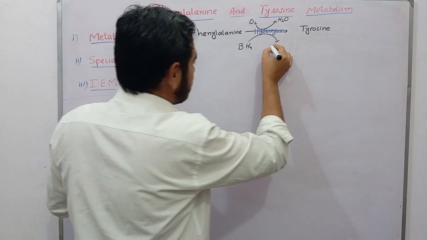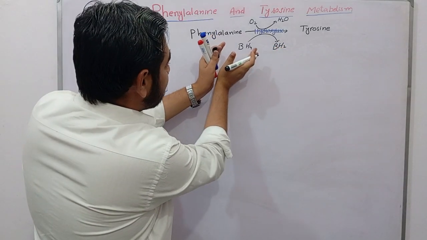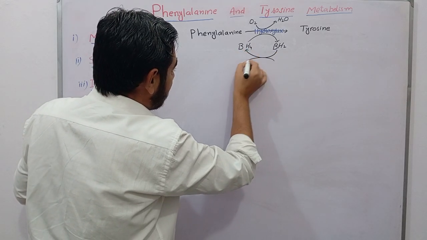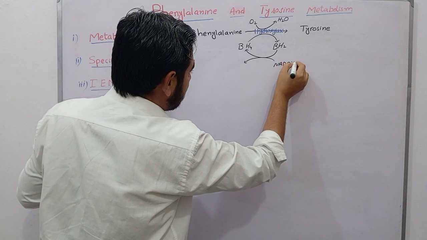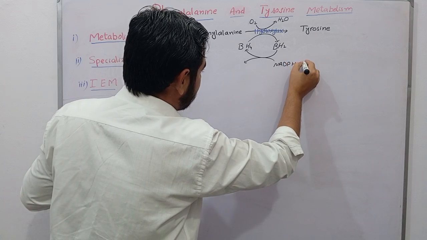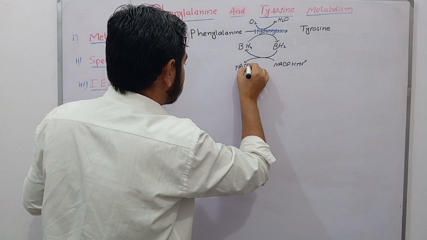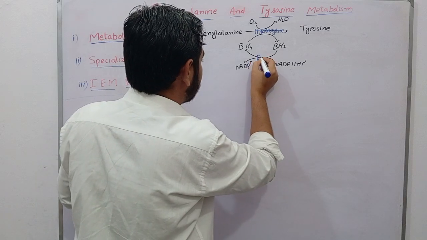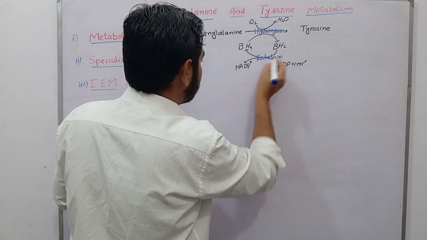Tetrahydrobiopterin converts into BH2, and this BH4 gets regenerated with the help of NADPH and H plus, and there is a formation of NADP plus with the help of an enzyme, dihydrobiopterin reductase enzyme.